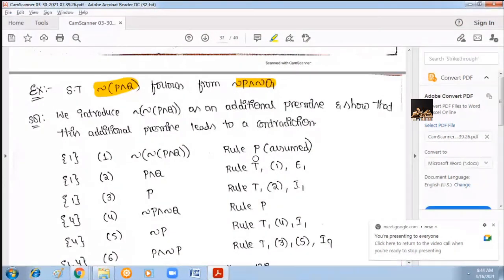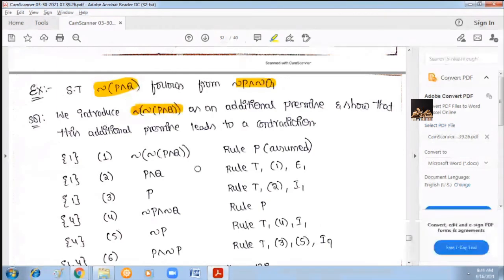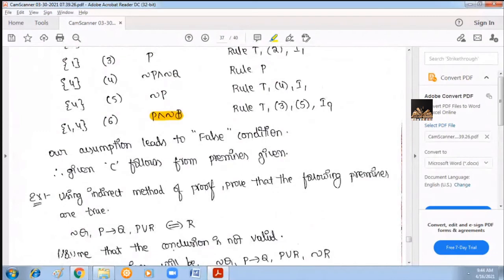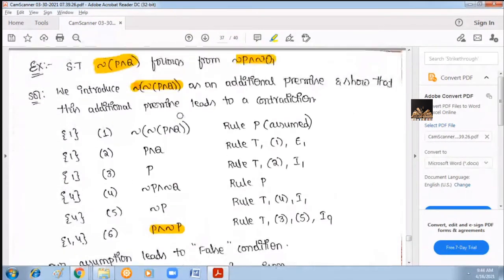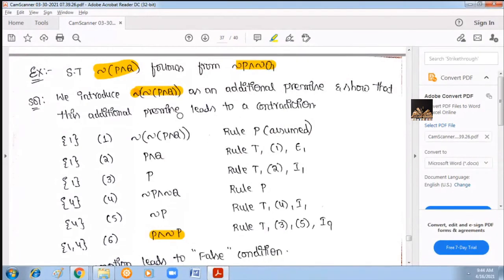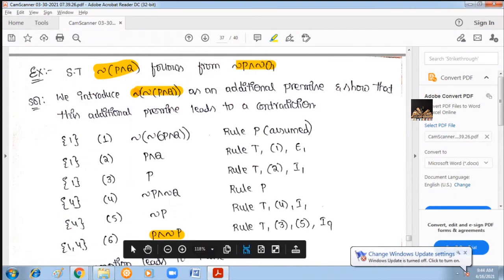So here, using this indirect method of proof, how will you prove this? You will consider the contradiction, that is the negation of that conclusion. What is the conclusion? Negation of (P and Q). And if you are able to get true as your answer, then our assumption is correct.